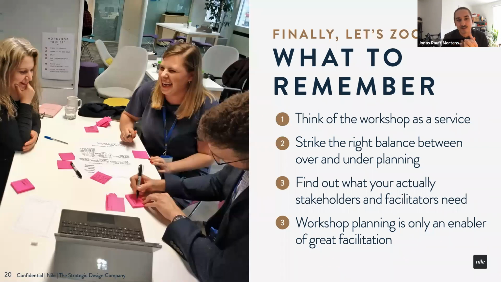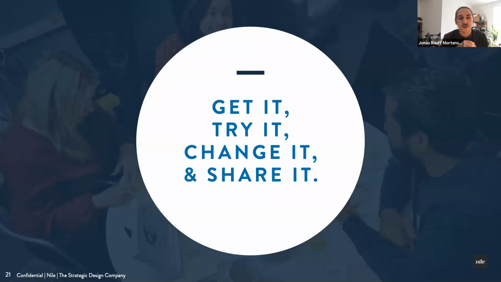So I think those are really the key things to remember and take away from the toolkit. As I mentioned in the beginning, I want to share this with the community. I'll give you the link to download it in a moment.